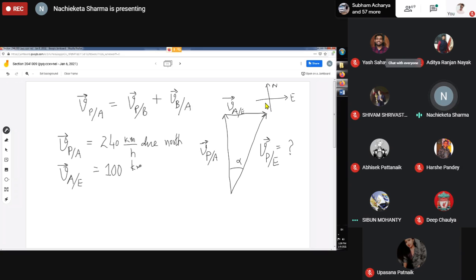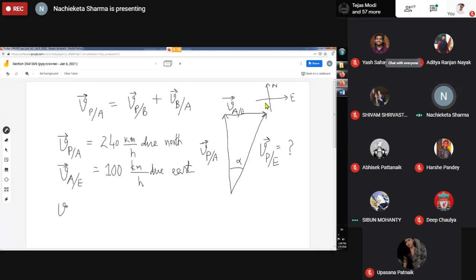Now if you look at this diagram, we want to find out the hypotenuse, and this is due east because it is blowing from west to east. Our task is to find out the velocity of the aeroplane with respect to earth. I have already set up these equations, and you can find this hypotenuse from the right angle triangle formula.